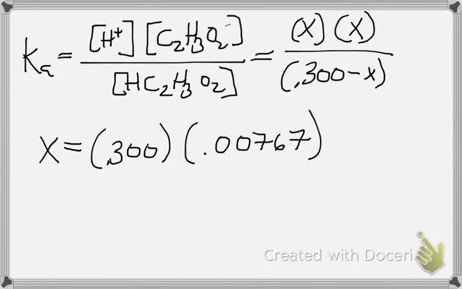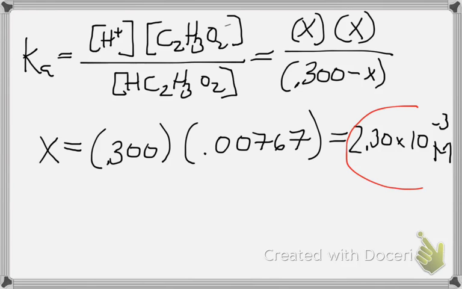So if 0.767% of 0.300 ionizes, X would be essentially 0.767% of the original. And so our X value is going to be 2.30 times 10 to the negative third molarity.